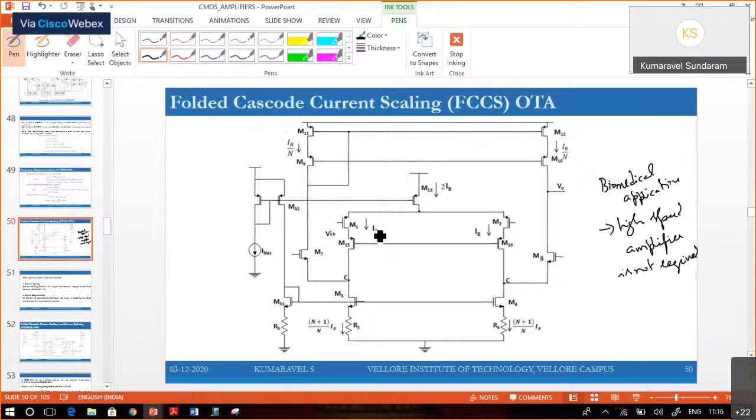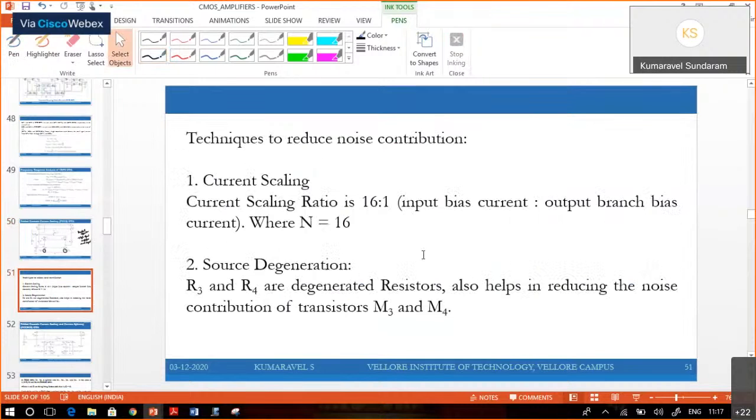Here it draws more current, so gm is going to be more for this transistor, due to which the noise contribution of this transistor will be very high. So to reduce the noise contribution of M3 and M4, we are going for a source degeneration resistor, so that the gm of M3 and M4 can be reduced. This was proposed in the year 2007, current scaling and source degeneration.